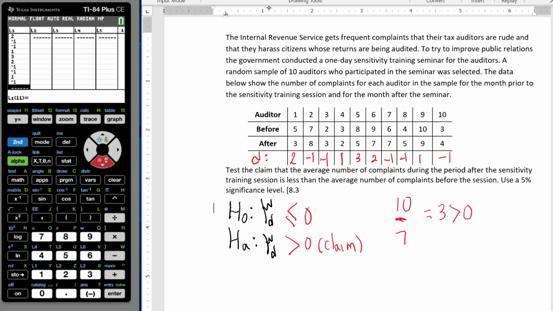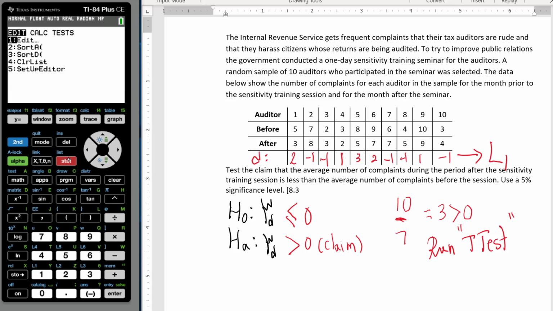The next step, guys, for you is to put the data in L1. And you can see that I already put it in the calculator in L1. And we run a t-test. So let's run the t-test. So now watch the calculator work.